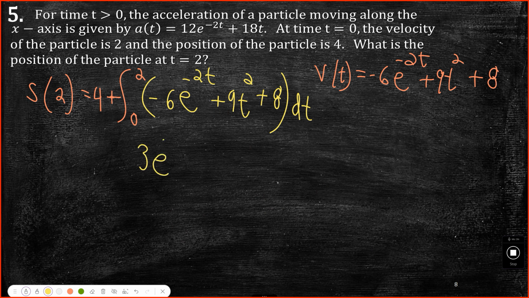Three e to the negative 2t, three t cubed, plus 8t, from 0 to 2, plus the 4.